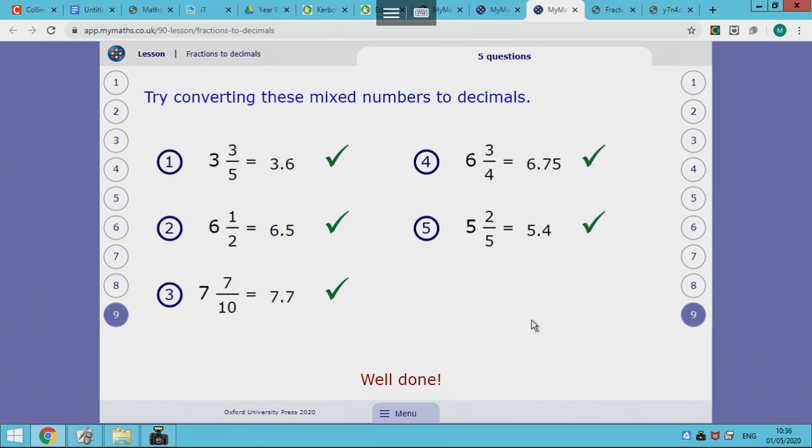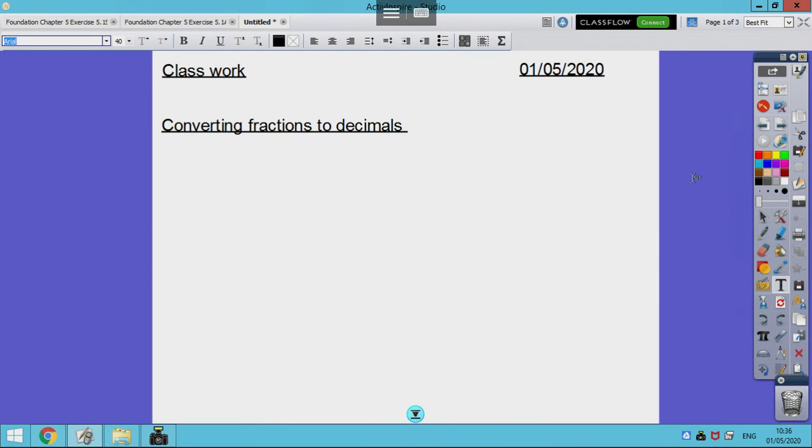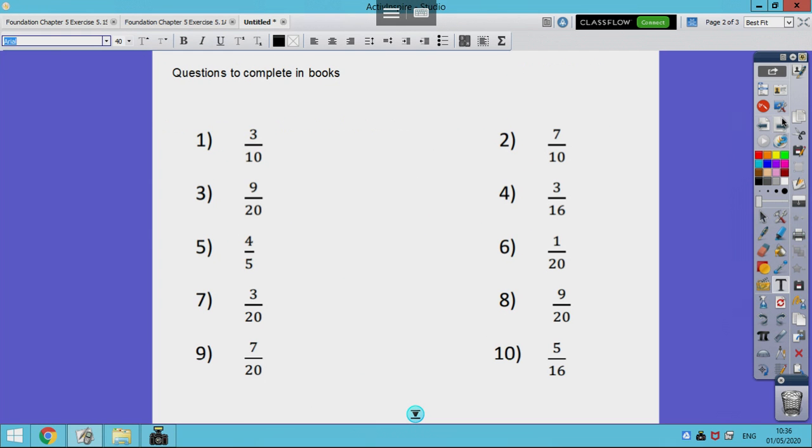So, having done that lesson now, what I'd like you to do is look at these questions and write them down in your books and then calculate what the decimal would be. Now, some of them you'll know off by heart. Some of you will have to use your calculator and do the division, okay?